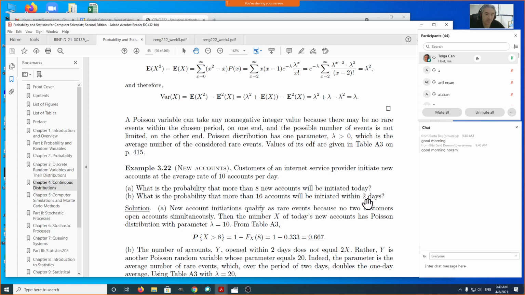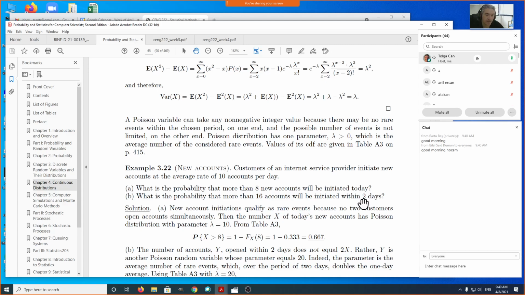If we're asked what is the probability that 16 accounts will be initiated within 2 days, the thing we need to be careful about is that we cannot just write this random variable as the summation of the two previous variables. If the average number of accounts per day is random variable x, this other variable is not x plus x.